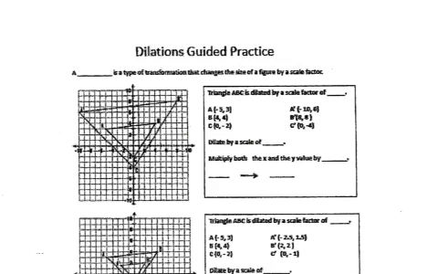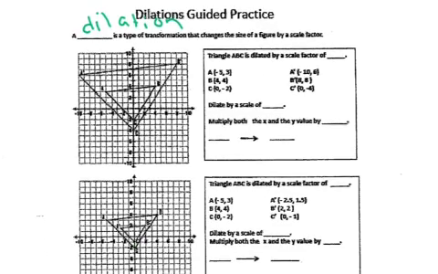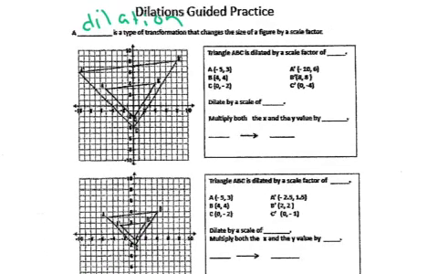So on this page, just make sure you know a dilation, even though it won't fit in a blank, is a type of transformation that changes the size of a figure by a scale factor. So if we look here, which this is kind of blurry, but we're still going to roll with it. If we go from the x value of A to the x value of A prime, negative 5 times what gives you a negative 10?